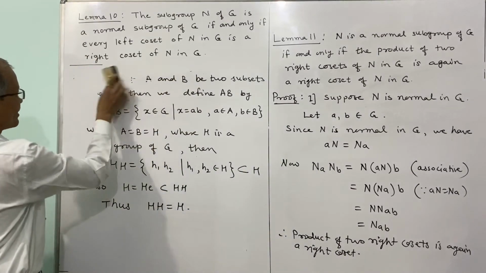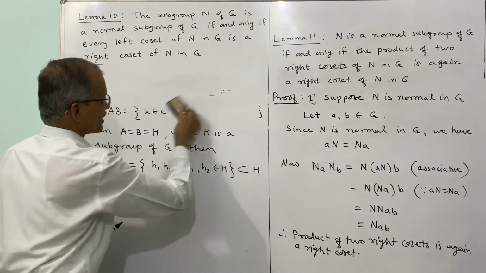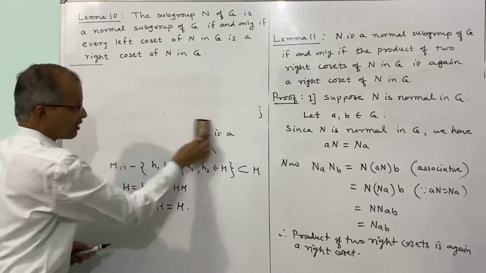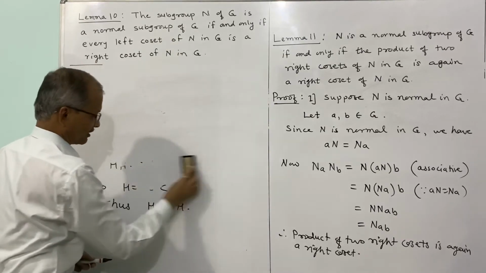Now the converse part we shall consider. Assume the product of two right cosets is again a right coset.